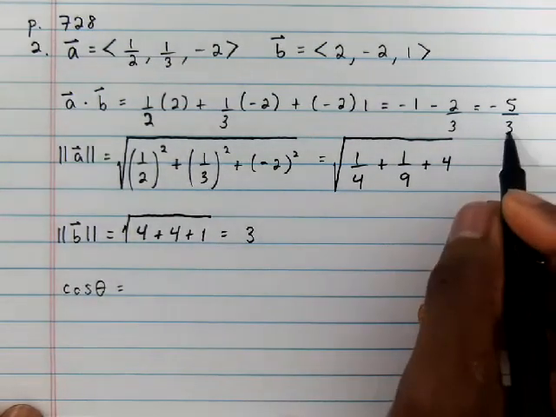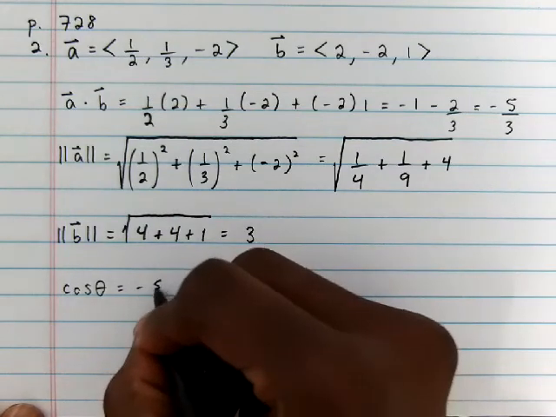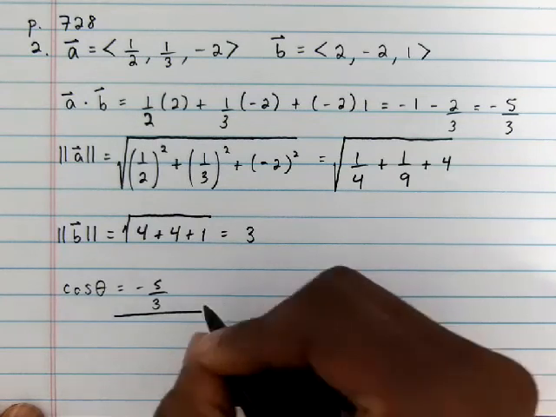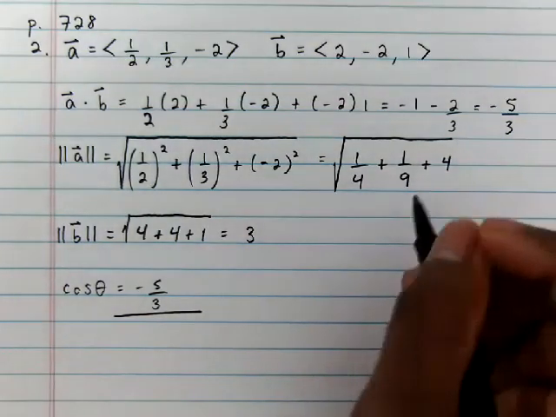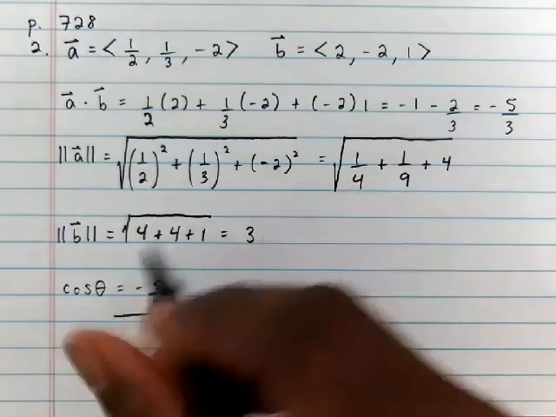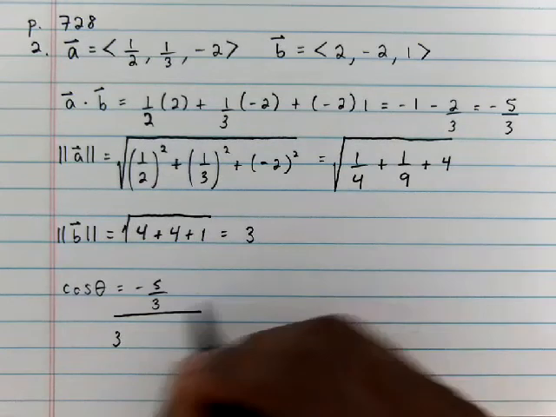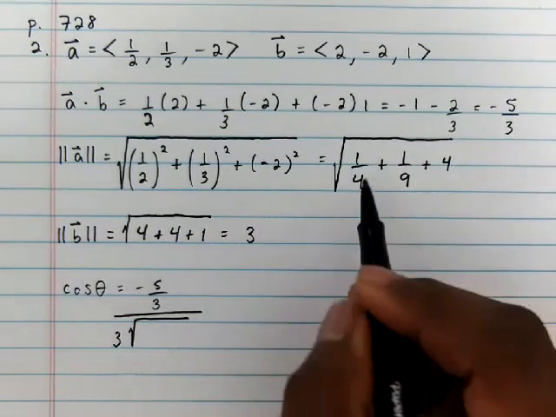our -5/3, which is our dot product, divided by our magnitude of B in the front, because it's easier, 3, and our magnitude of A, which is the square root of, let's see what we have.